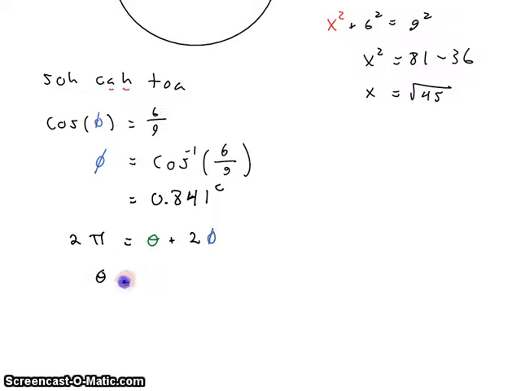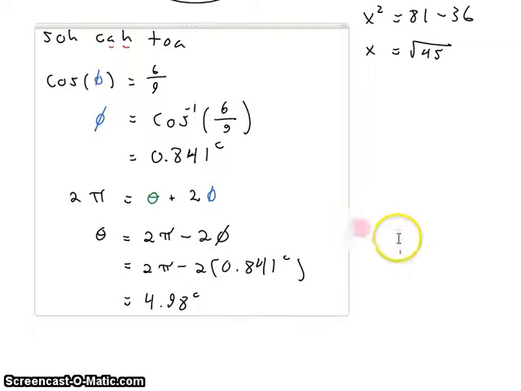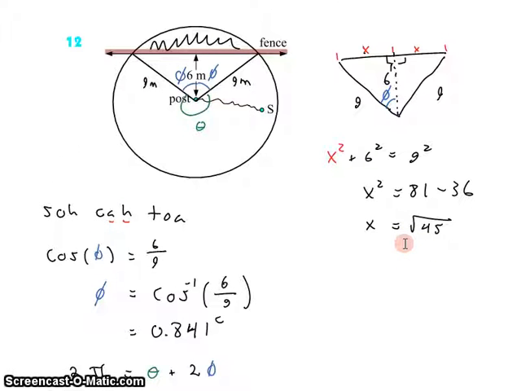Which means that theta is equal to 2 pi take away 2 phi. That's 2 pi take away 2 times 0.841 radians. You can plug that into your calculator if you like, and what you'll find is that theta has to be 4.98 radians.